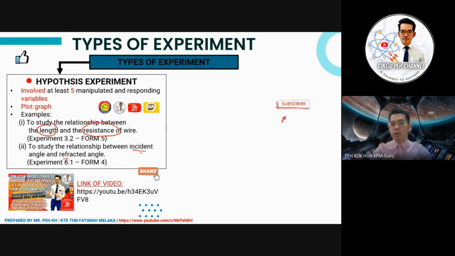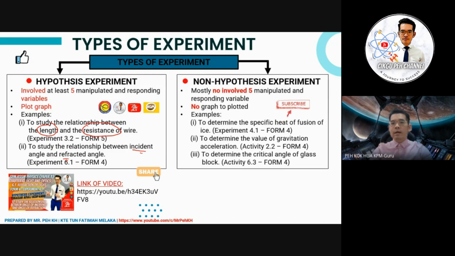You may click the video link to reach the video and get to know more about the hypothesis experiment. Then another type of experiment will be the non-hypothesis experiment. Mostly it does not involve many MV or RV data, and normally does not require the students to plot the graph. So here are examples of the experiments related to the non-hypothesis experiment.